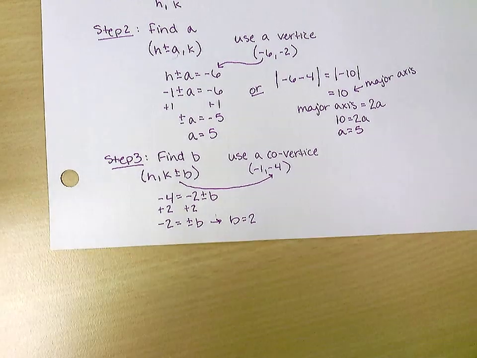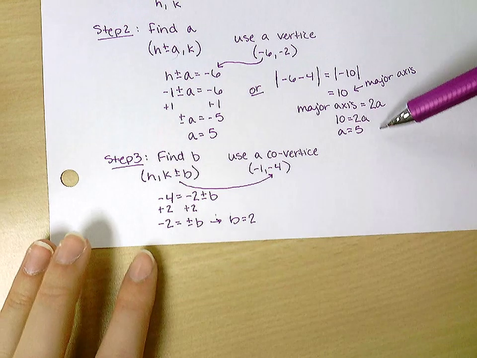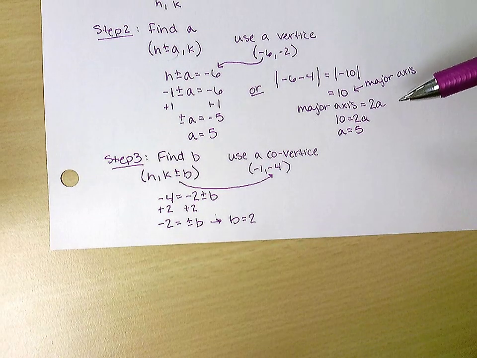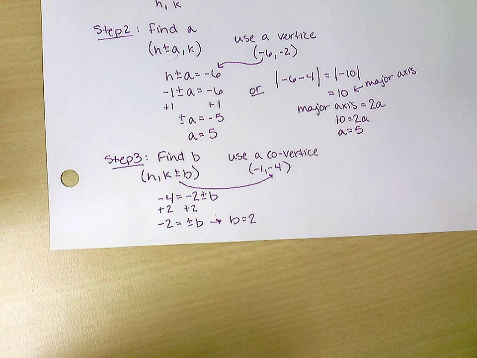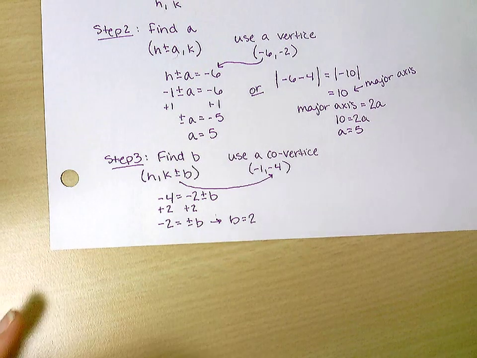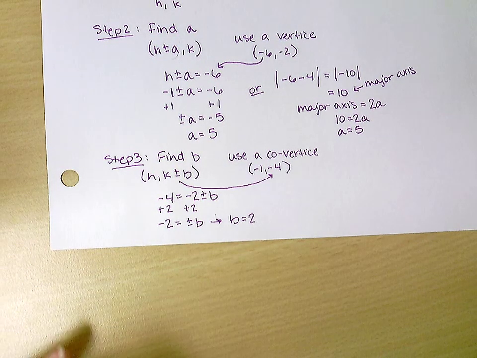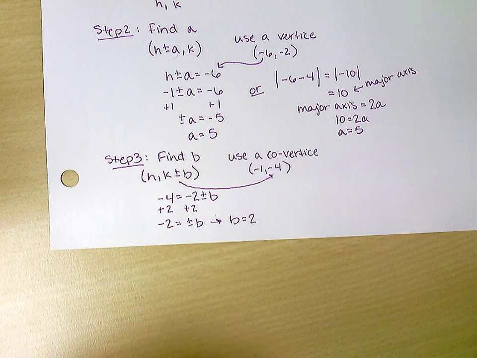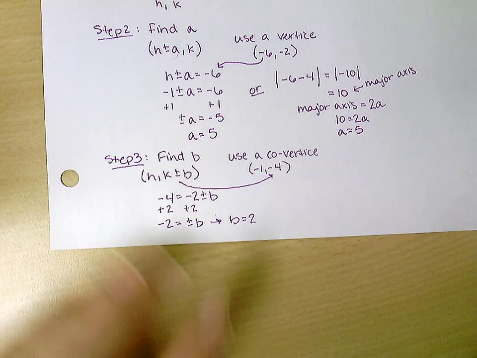And again, just like with finding a, if you want, you can find your minor axis as well. That's the difference between your two values that change in your co-vertices. So if you look at your co-vertices, you have one at (-1, -4), and the other one is at (-1, 0). So I want to find the difference between -4 and 0, not the negative ones. Your a and b value should not be 0. If I found the difference between -1 and -1, you would get 0, so that's not the one you want to use.